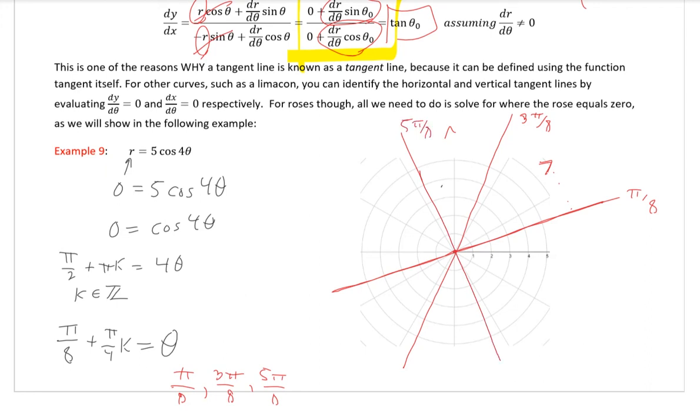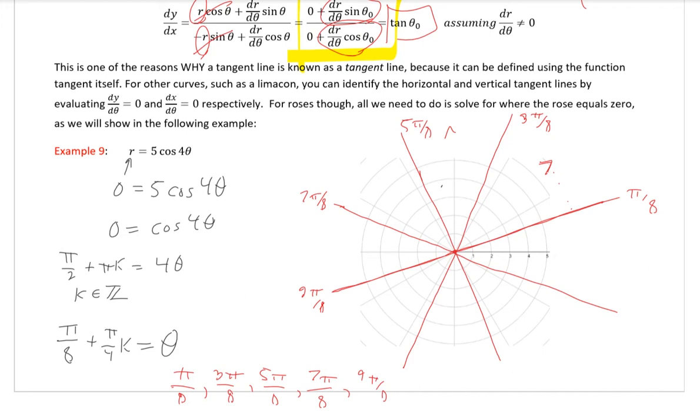Then we add another pi fourths, that's another 2 pi eighths, and we get 7 pi eighths, which would look something like this. If I continued like this, 7 pi eighths plus another 2 pi eighths would give me 9 pi eighths, which is right here. We already drew that one. That's why I drew pi eighths going all the way down.